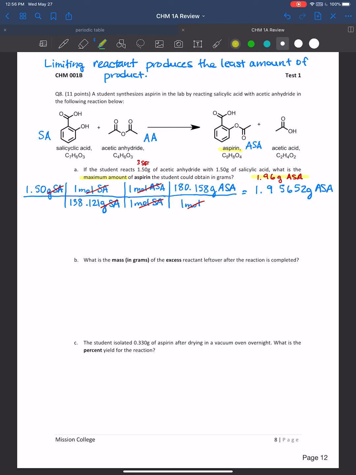All right, so let's do the same setup, but for acetic anhydride. So we start off with 1.50 grams of acetic anhydride. Remember, we want to convert to moles, so we need to use the molar mass of acetic anhydride, which is 102.09 grams.